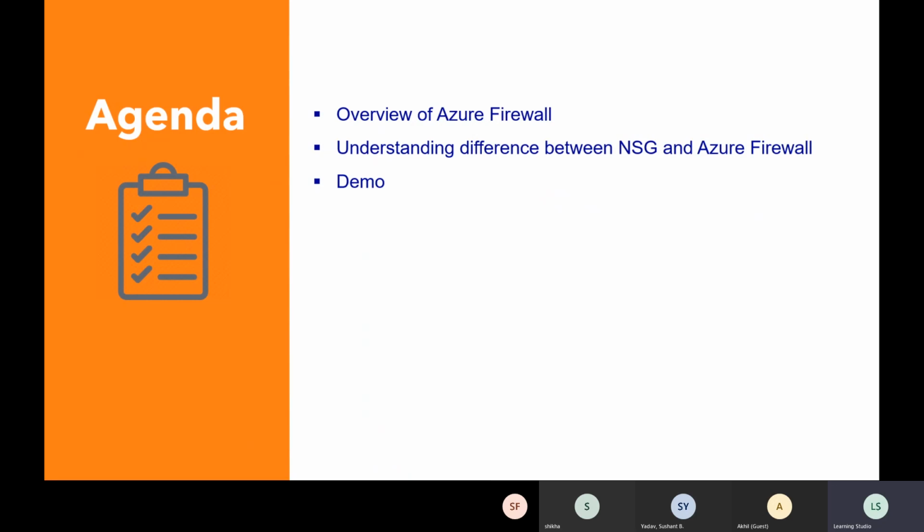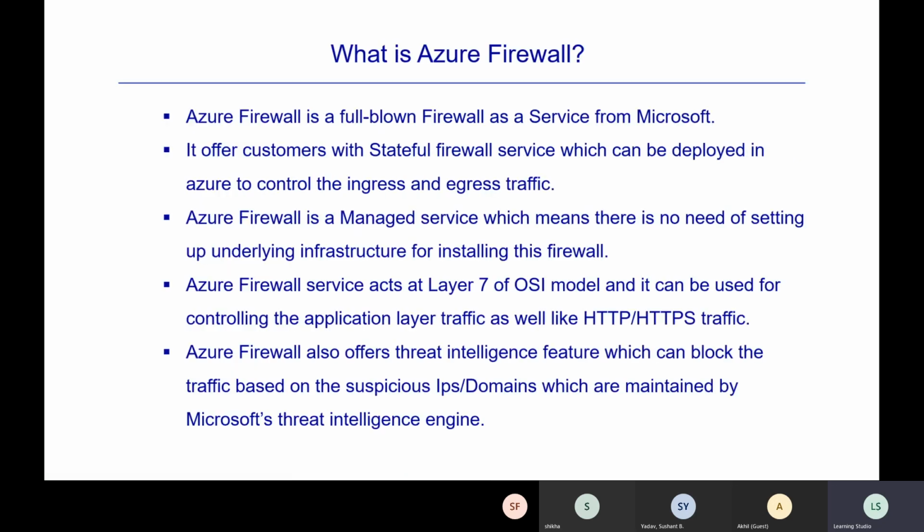And then there's one more thing: the building blocks of Azure Firewall, which I have not included here, but we will have subsequent slides as well in our presentation. And finally, we will conclude with the demo, which will outline how this Azure Firewall can be set up from scratch. Okay, so let's get started with our first point of today's agenda, which is the overview of Azure Firewall.